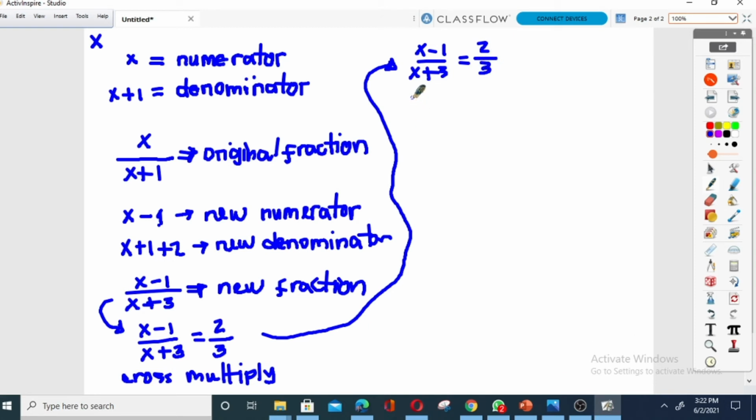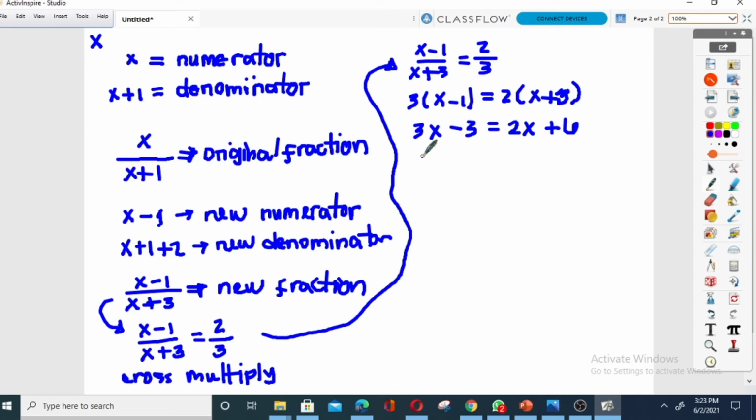Let us cross multiply. So 3 multiplied by x minus 1 is equal to 2 multiplied by x plus 3. Simplify. So 3x minus 3 is equal to 2x plus 6.